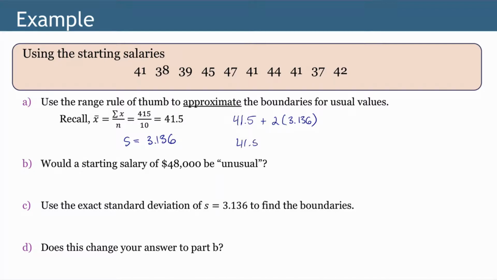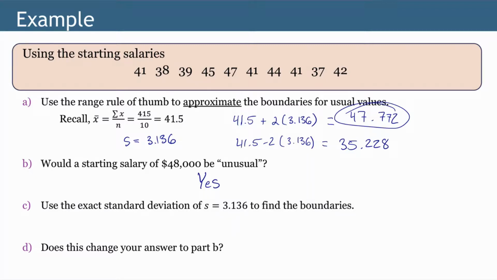And we'll do the same thing for the minus. And so what do we get? I get 47.772 and 35.228. And so in part B, would a starting salary of $48,000 be unusual? Yeah, it falls outside those boundaries. So yeah, that would be unusual because it is above this top boundary. So yes.